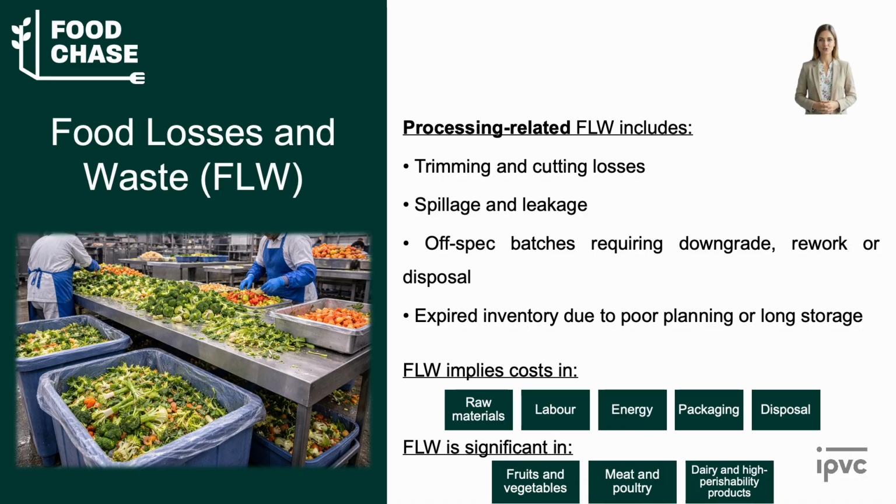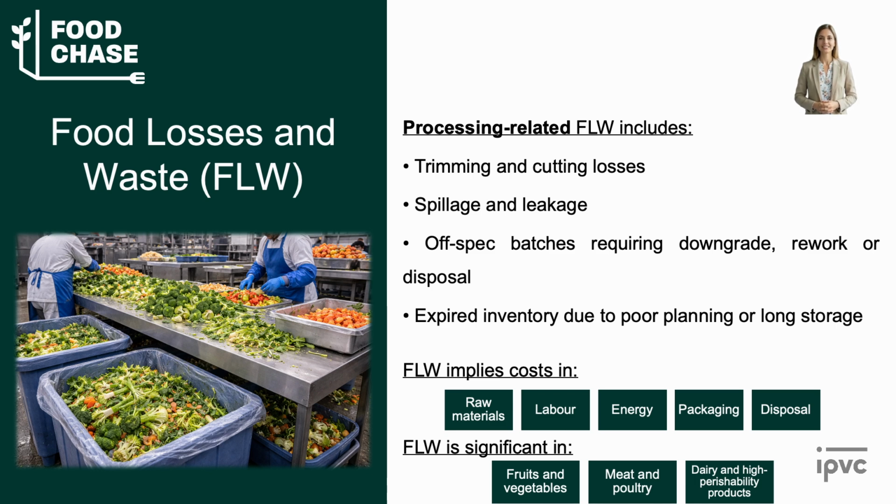A major category of inefficiency in food processing is food loss and waste. Processing-related food loss and waste includes trimming and cutting losses that exceed what is technologically necessary, spillage and leakage during transfer or filling, off-specification products that require downgrade, rework, or disposal, and expired inventory due to poor planning or long storage.